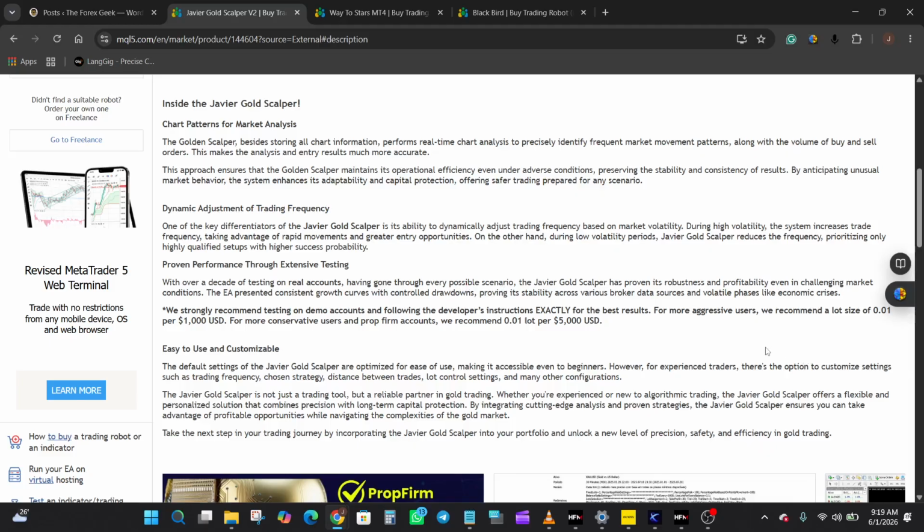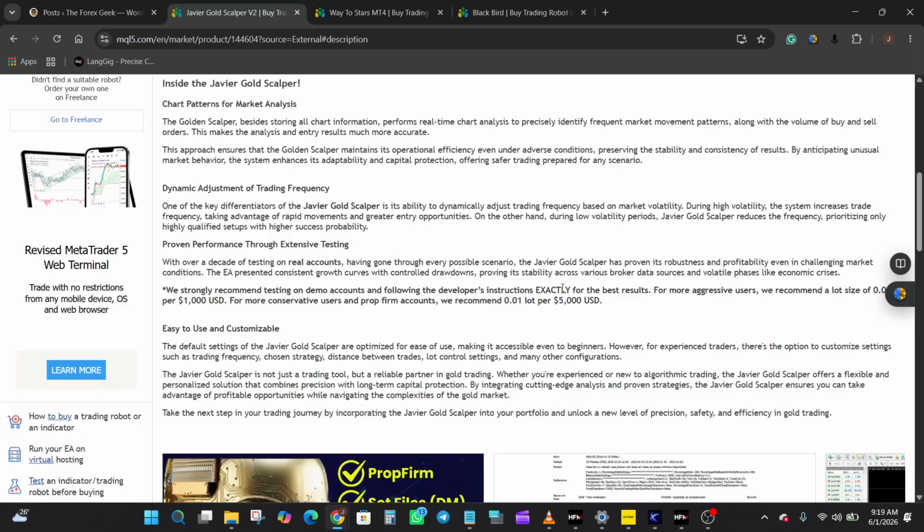The product page also mentions that the default settings are designed to be easy to use, while still allowing experienced traders to customize various parameters. Available adjustments include trading frequency, strategy selection, distance between trades, and lot control settings.